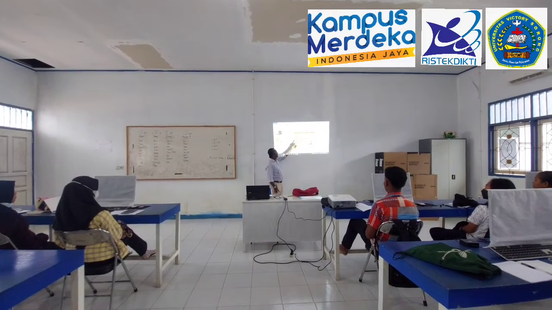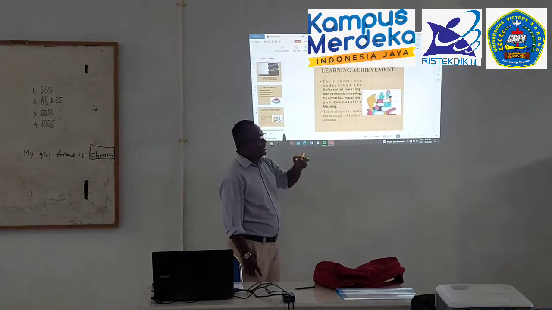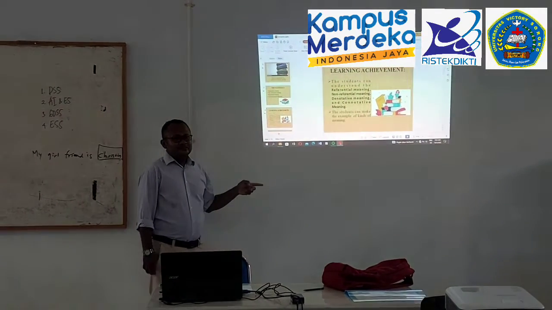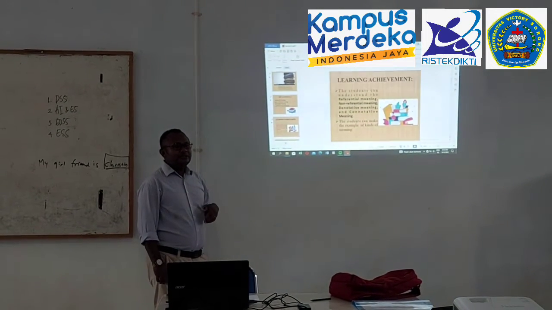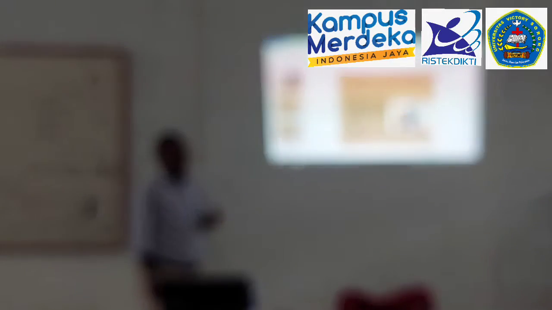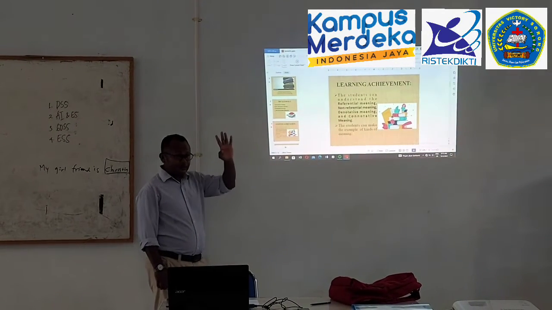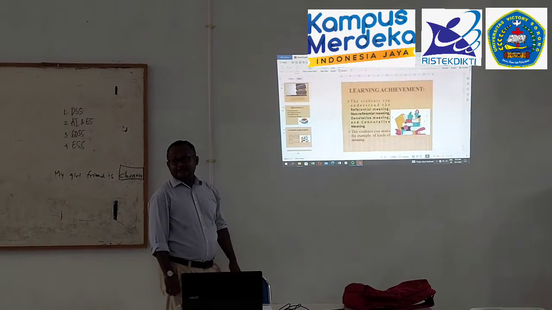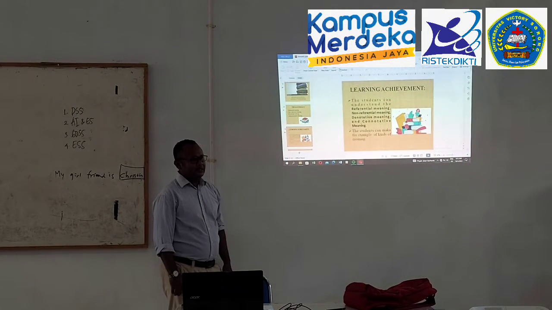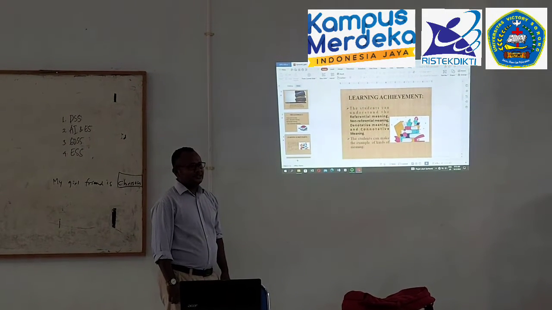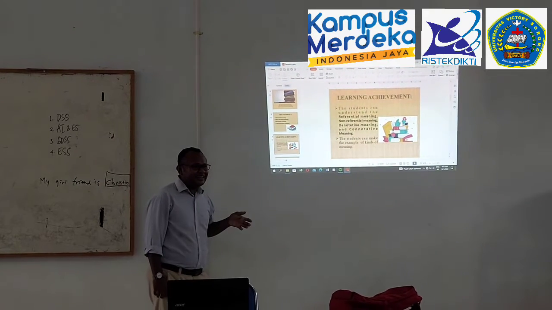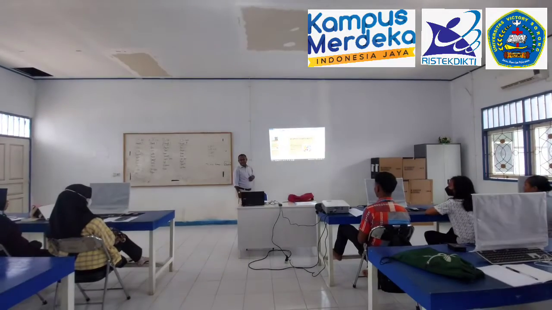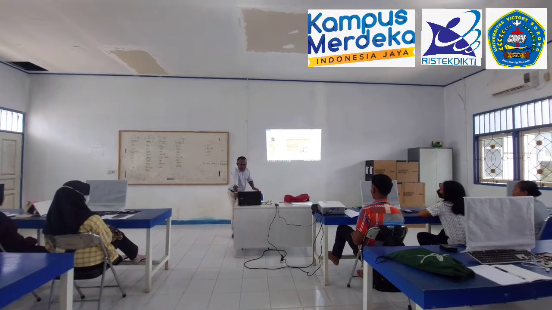The first indicator is to understand the meaning, and the second indicator is that the students can make examples. So today you will be helped to understand the 4 kinds of meaning, and after that you will be asked to make examples. So you don't just come, listen, sit down, and then go back. You will work hard today. Are you ready for today? Ready. Okay. If you're ready, let's move to the next slide.